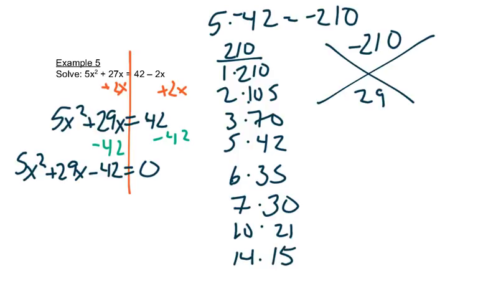Now I want to multiply to get a negative number but add to get a positive number. That tells me my smaller number should be negative. And if I look, this is my pair right here. So I have a negative 6 and a 35.